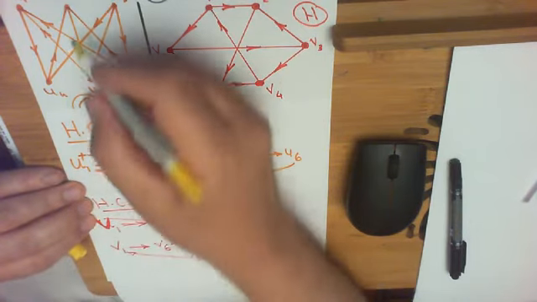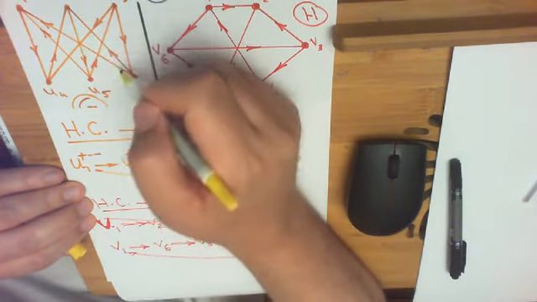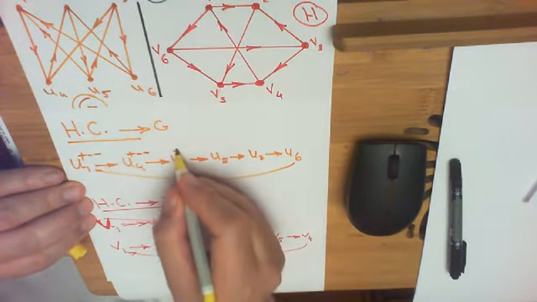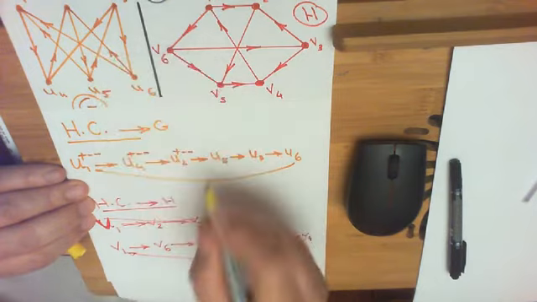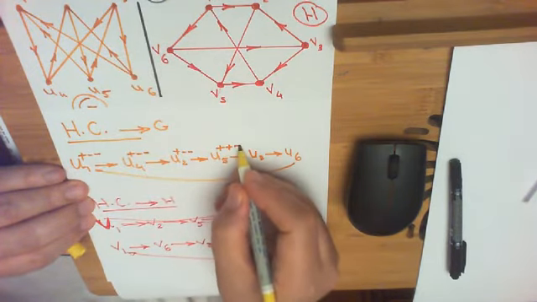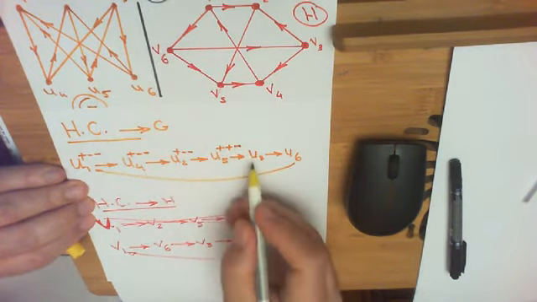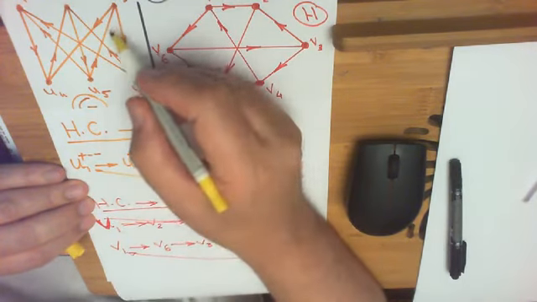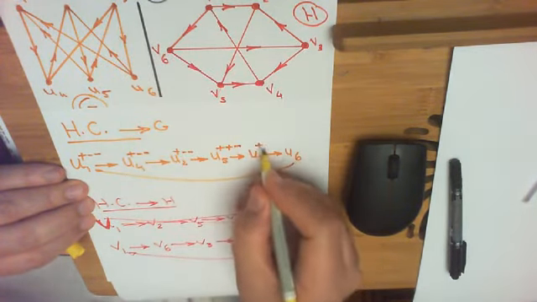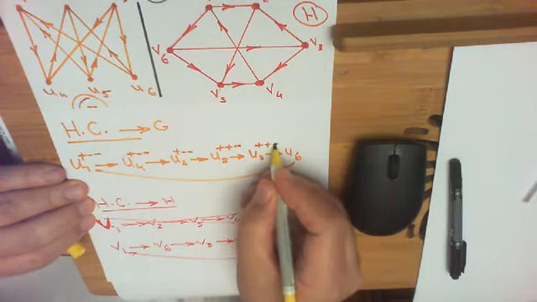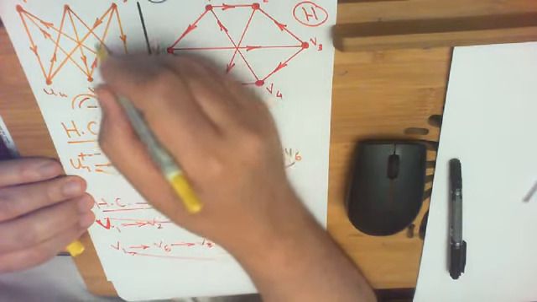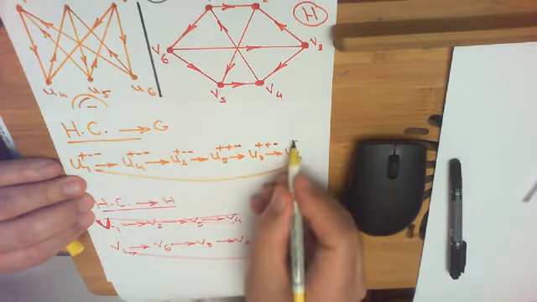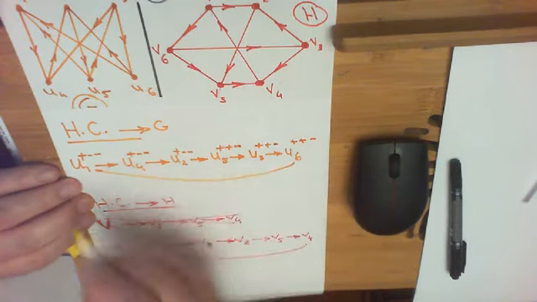U2, 2 in, 1 out. U5, 1 in, 2 out. U3, 1 in, 2 out. U6, 1 in, 2 out. Let us check again.